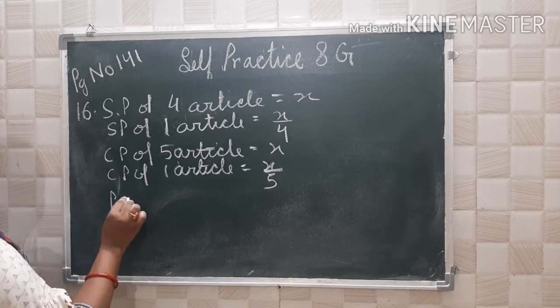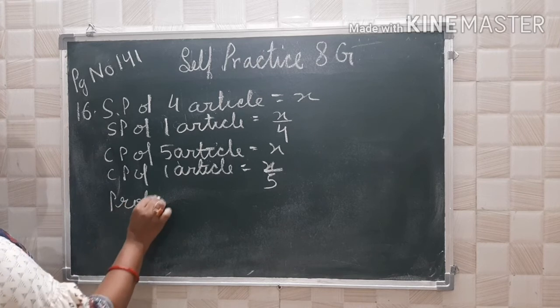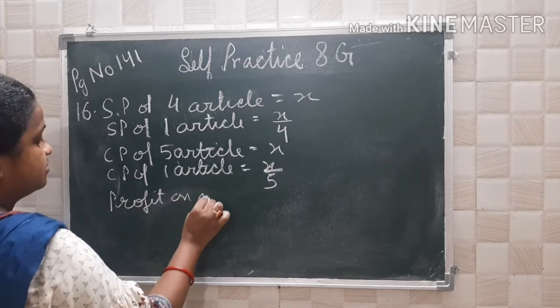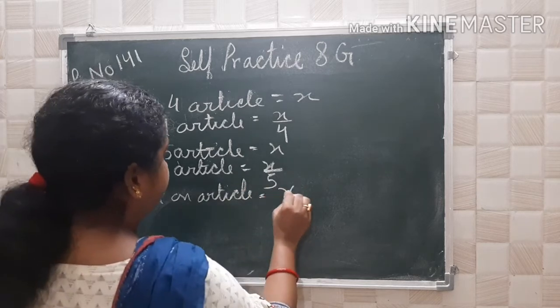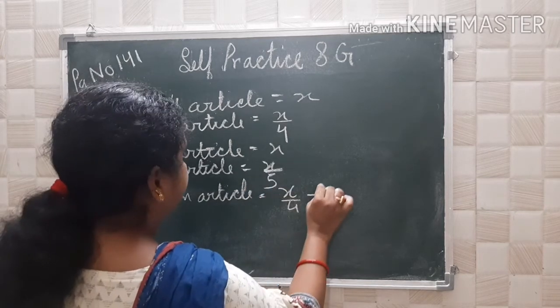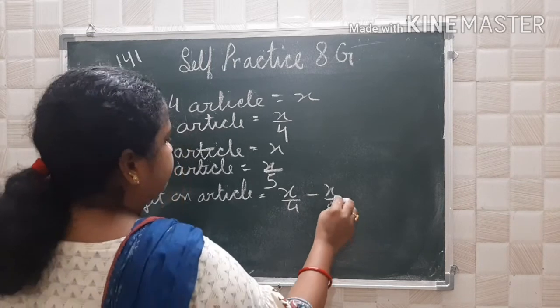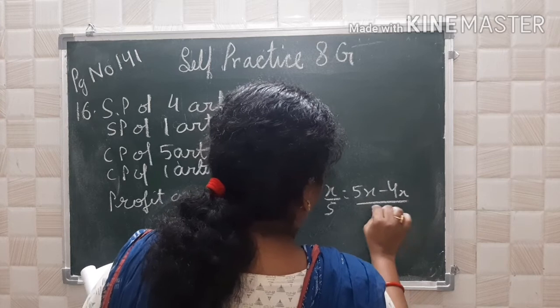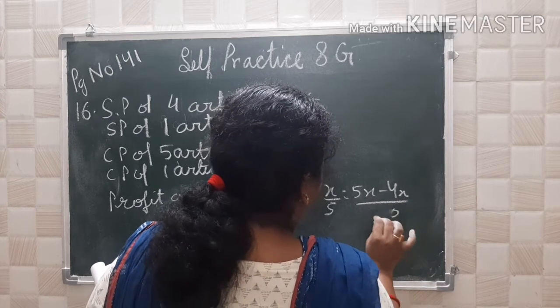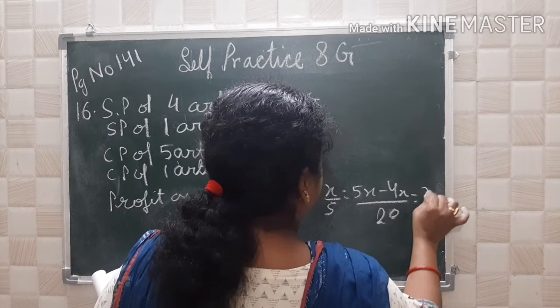Now profit on an article is equal to x by 4 minus x by 5, which is equal to 5x minus 4x upon 20, which is x by 20.